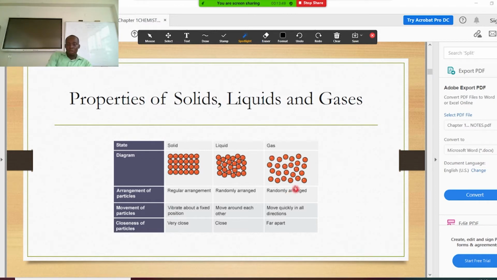The gases also don't have a regular arrangement. In fact, the arrangement is highly random. I will talk about what is responsible for the nature of this arrangement later on in the next slide.